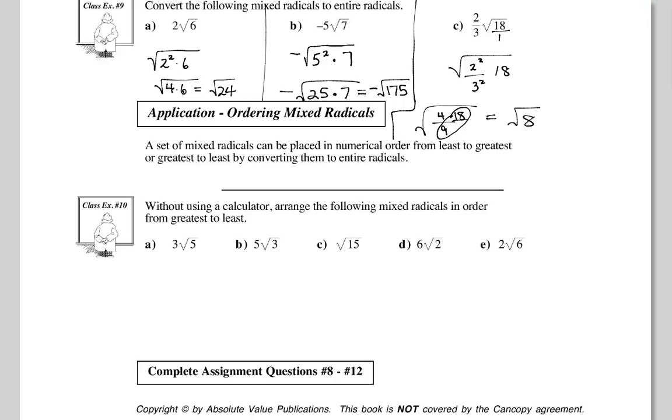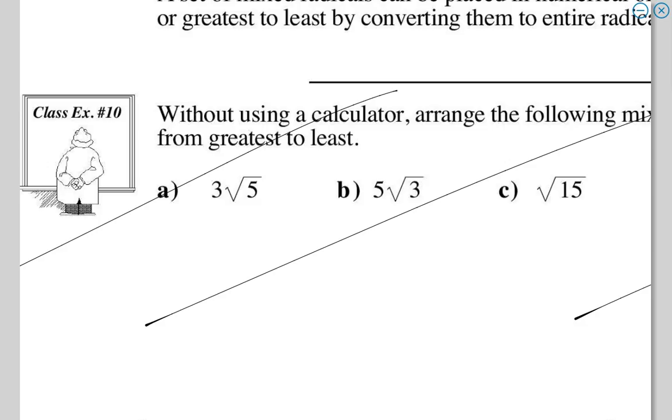Alright, and I'm not going to spend much time on this class example 10 because you're not going to get tested on this, and I know a lot of you probably don't care. I could show you one of them. If you did ever get this on a test, all you would have to do is type them in, 3 root 5.